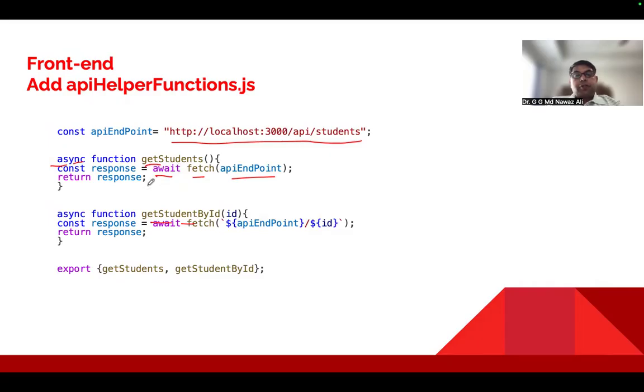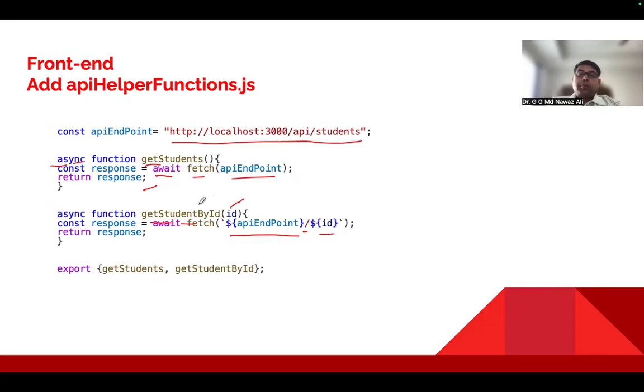Whatever the response is, it's a JSON format response. It can be an error message or it can be the successful data you send, right? Now, for this one, you need to send the API endpoint, and then you also need to add a forward slash and then the ID. The ID is coming from the function calling getStudentById.